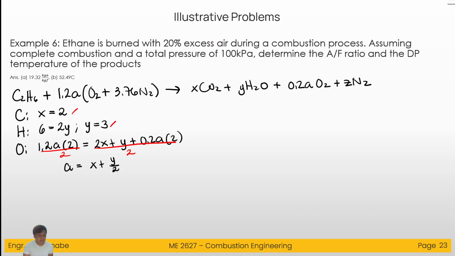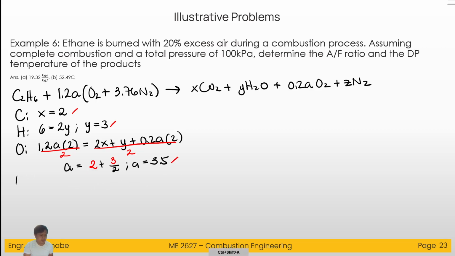Okay, that's correct, no? So X here is 2, Y here is 3, so A is equal to 2 plus 1.5, so this will be 3.5, no?